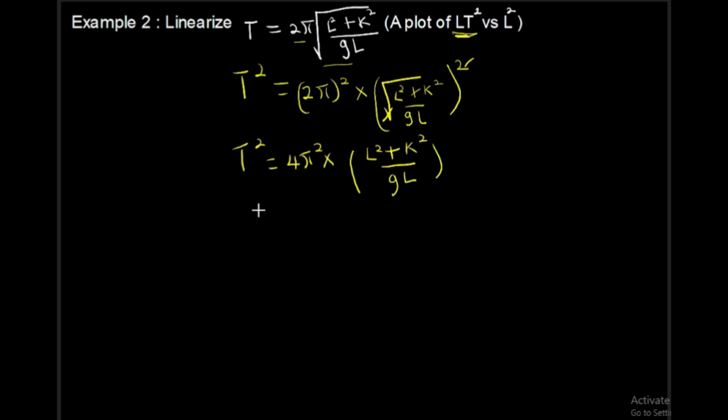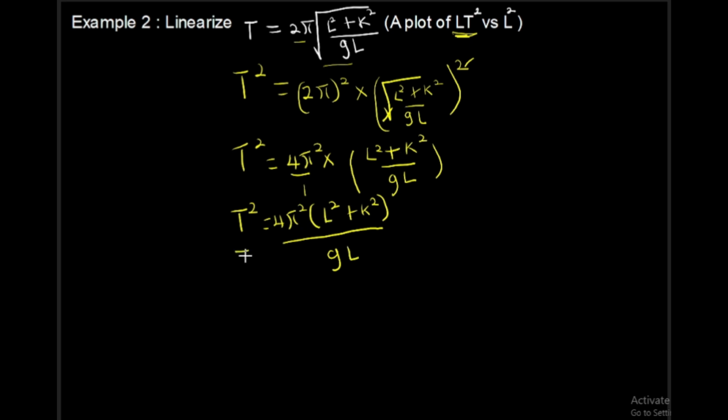That gives us T squared equals 4 pi squared, in brackets L squared plus K squared, all over GL, because 4 pi squared is the same as 4 pi squared over 1. 1 times this gives us GL, and 4 pi squared times this is what we have here.